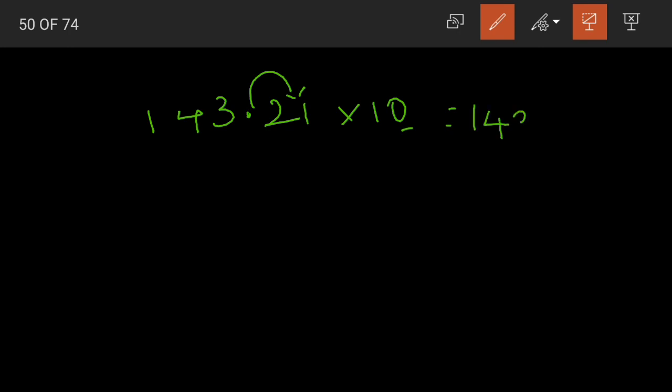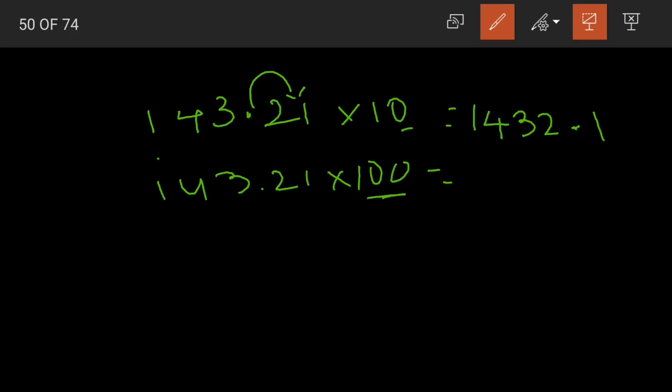The new number, that is the product, was 1432.1. Yes, so in the same way, when it was multiplied by 100, what did we do? 100 has 2 zeros. So the decimal point will move 2 places to the right. 14321 point. After that we do not have any number, so we can just place a 0 there.